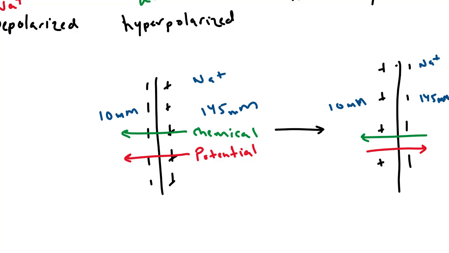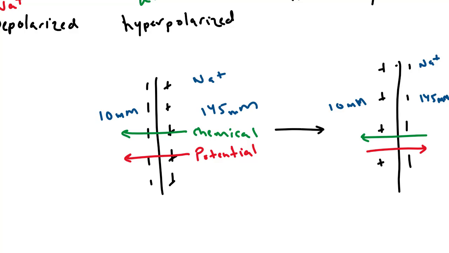So the peak of the action potential signal is dependent on the concentrations of sodium inside and outside, because the equilibrium potential for sodium is dependent on that concentration. Now, if I change the concentrations of sodium, maybe put more sodium outside or more sodium inside, then this chemical gradient changes, and so the equilibrium potential also changes.